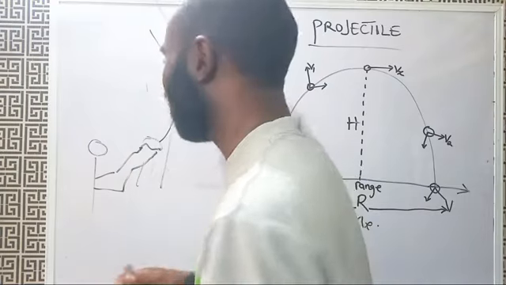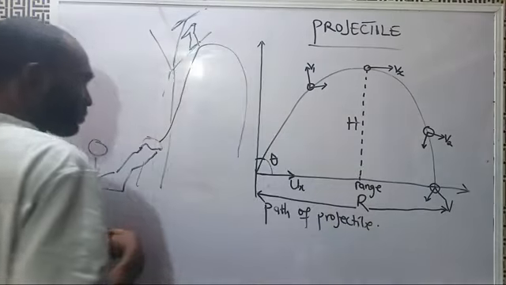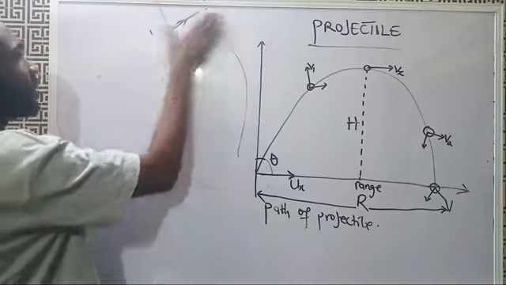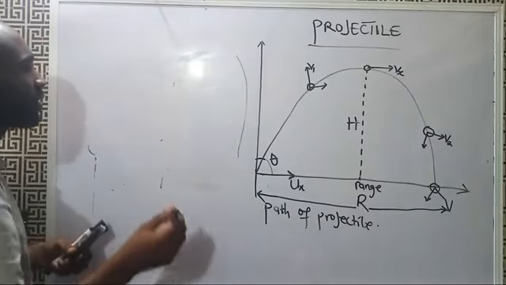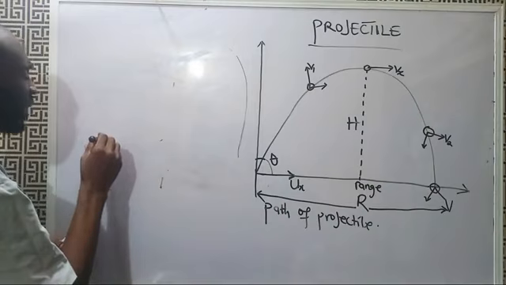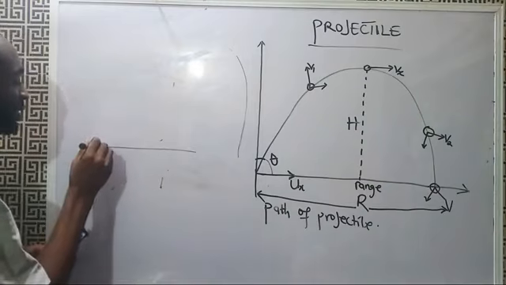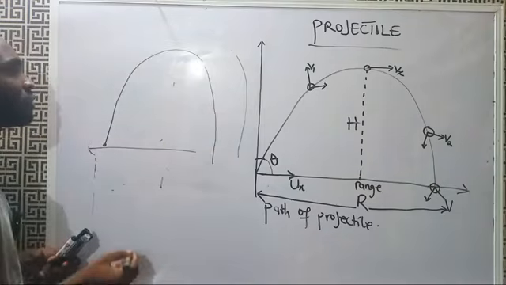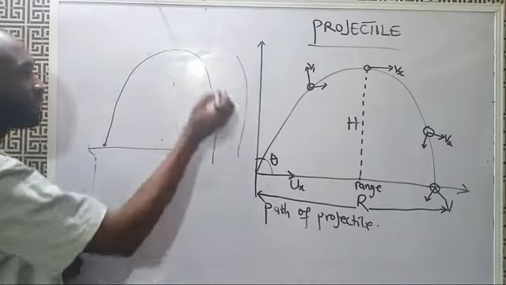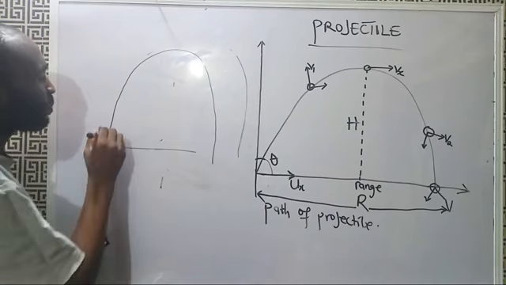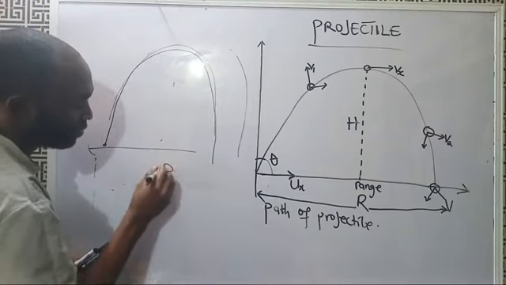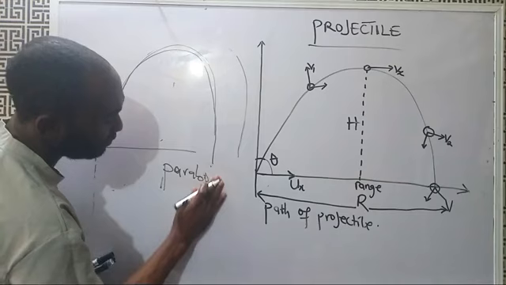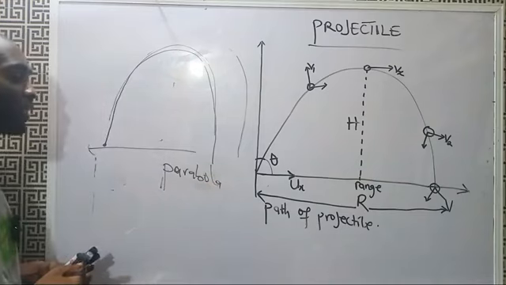What do I mean by parabola? A parabola means a curve. All right, assuming this is where you're standing and you launch something at a particular angle and it returns back to the ground, this is the path of a projectile, and this path is what I call a parabola, or parabolic.